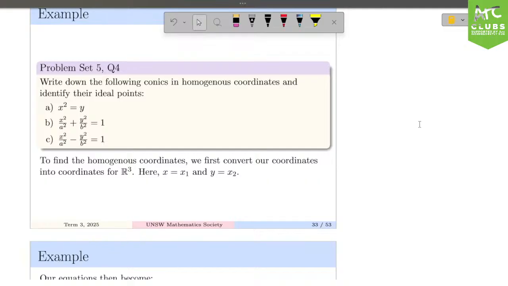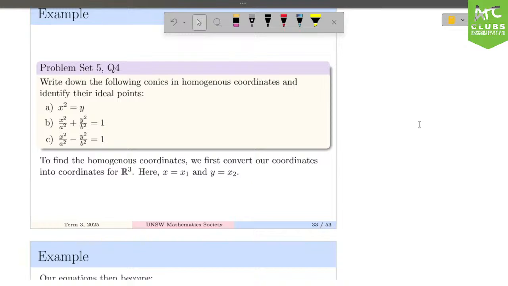So for the first one, x squared is equal to y. This just simplifies to x1 on x0 squared is equal to x2 on x0. And so x1 squared equals x2 x0.